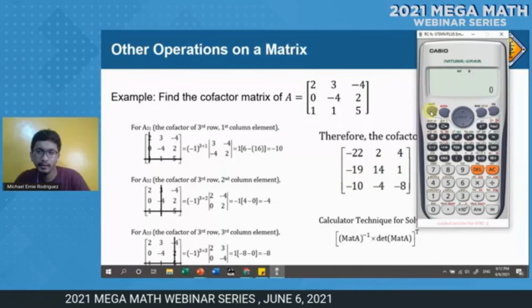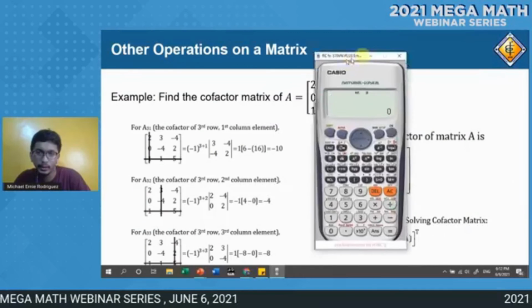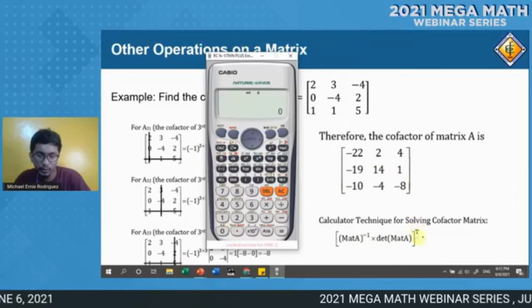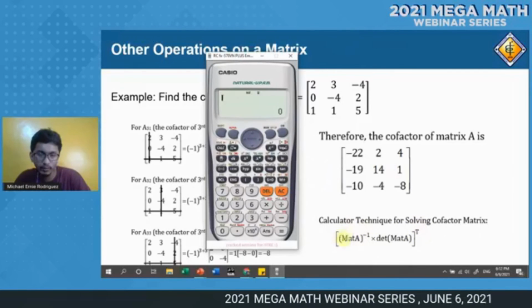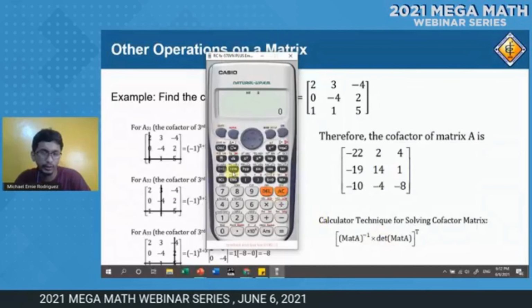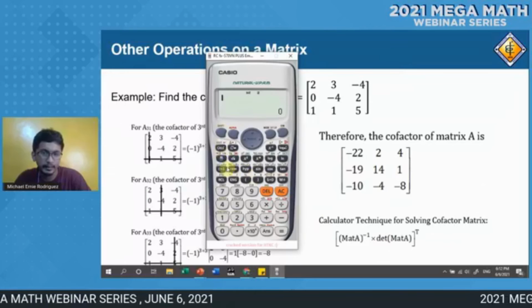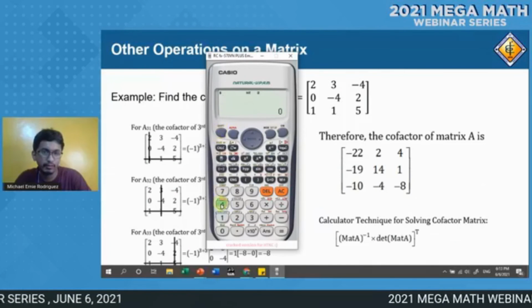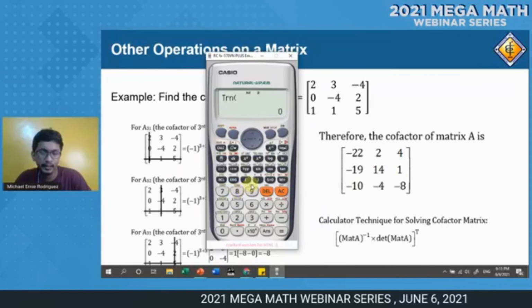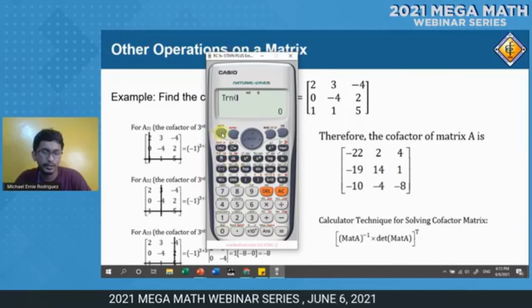And then, so, ang sabi sa, lipat ko to ha. Yan. Ang sabi natin dito, transpose of your matrix, inverse of matrix A times determinant of matrix A. So, para makuha natin yan, so, transpose, shift, 4, TRN, number 8, and then matrix A, inverse.